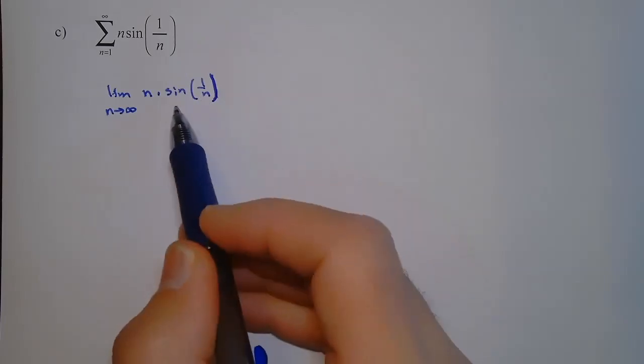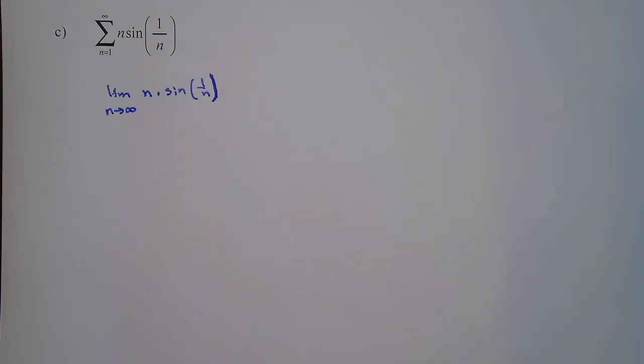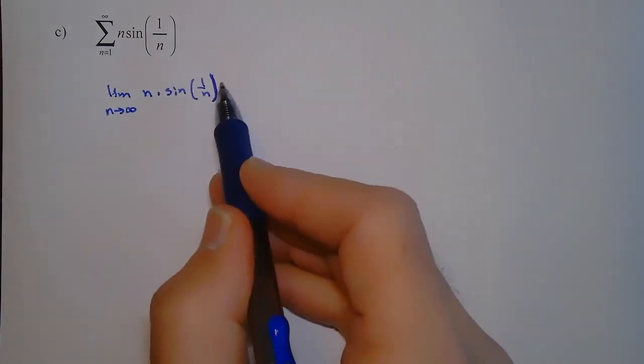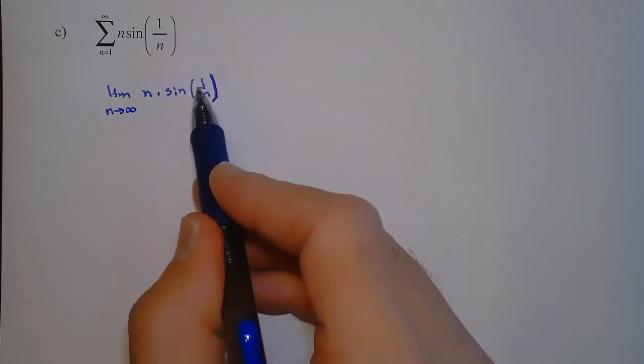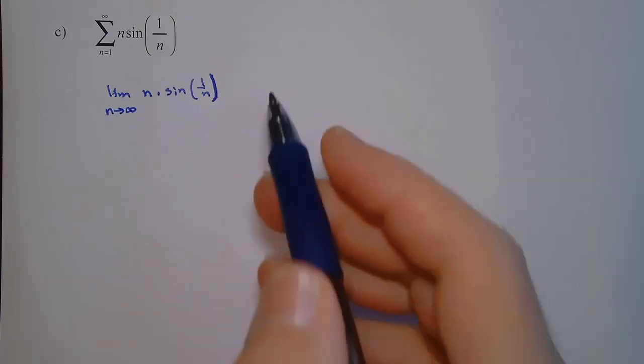Now, we can't use L'Hopital's yet because L'Hopital's rule has to be a quotient. But we could write this as a quotient as long as we multiply by 1 over n and also divide by 1 over n. So we're going to multiply by 1 over n over 1 over n.